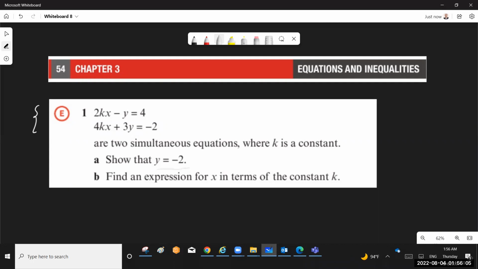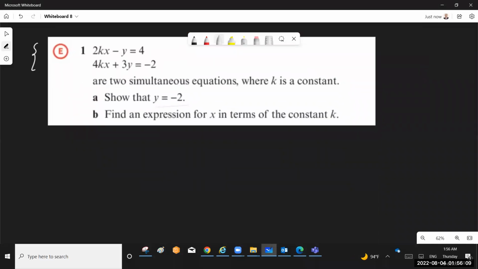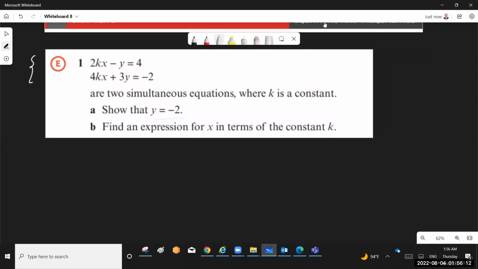To show y is -2, I have to remove the x terms here. So the first equation, I just multiply it by -2. The answer will be -4kx plus 2y is equal to -8.